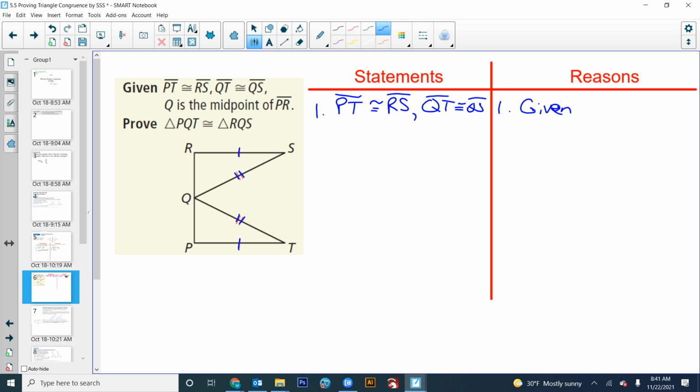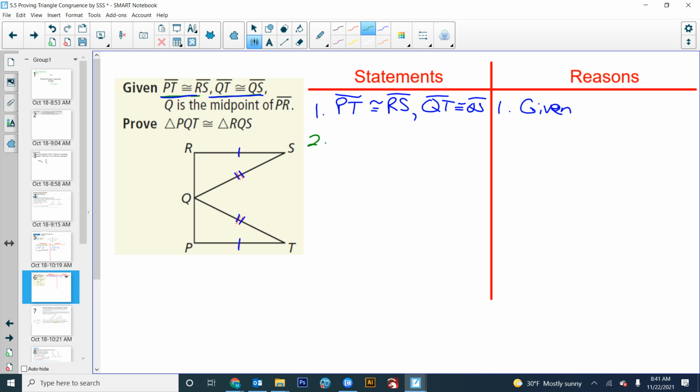Now, I could write the other given on the same line, but it's a different topic in my mind. It's like a different train of thought. You've heard that expression, right? Okay. So do you agree? They gave you a couple pairs of sides. Then they start talking about midpoints.